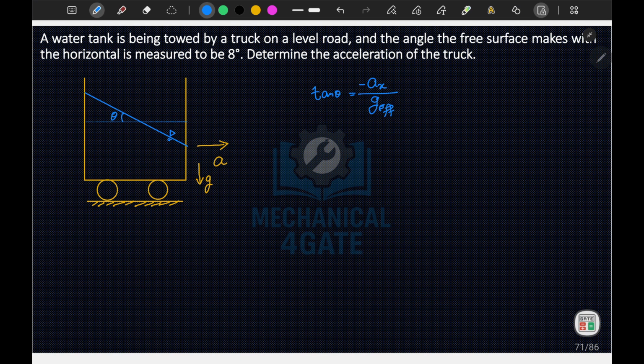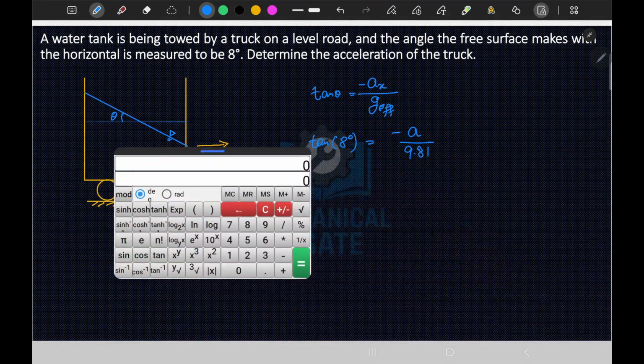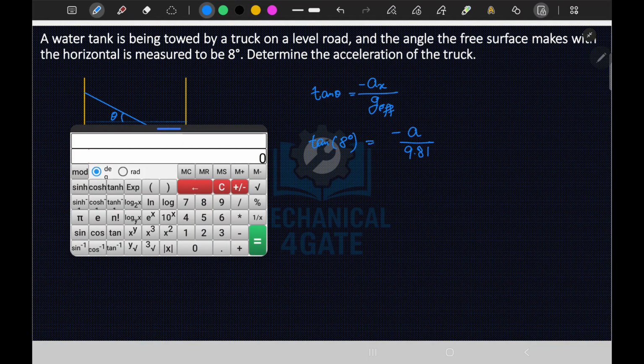It is given that the angle of the free surface with the horizontal is 8 degrees, that is theta is equal to 8 degrees. So tan of 8 degrees is equal to minus ax, which is a, over g effective, which will be the acceleration due to gravity only, 9.81. If I solve this, it will become tan of 8 degrees times 9.81.